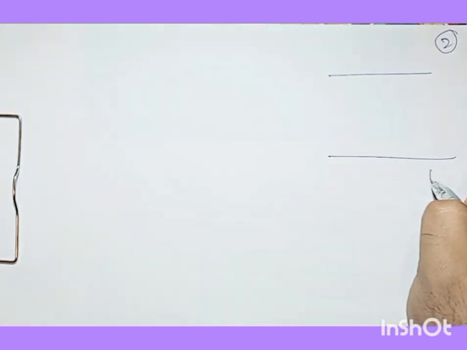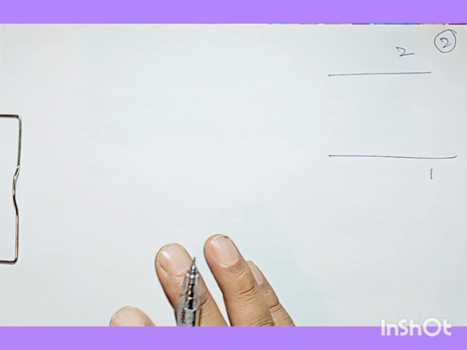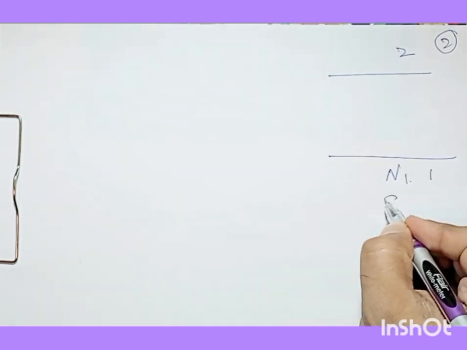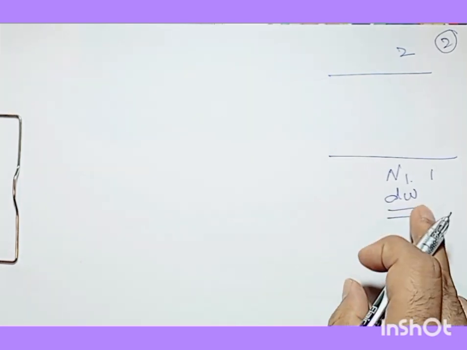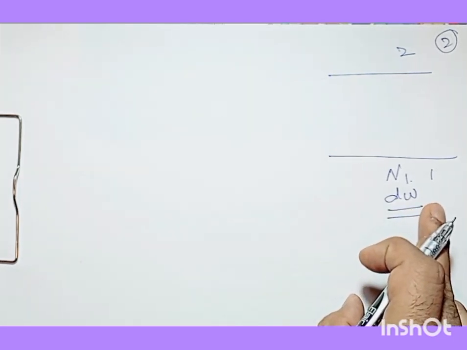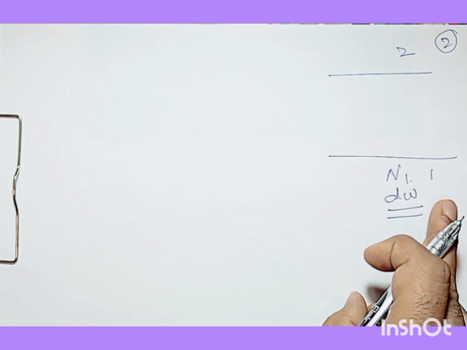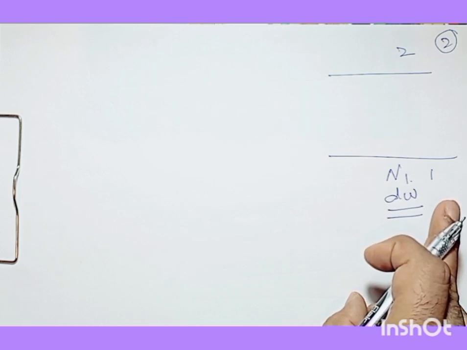Now, the rate of absorption and the corresponding transitions from state 1 to state 2 is obviously proportional to n1, as well as this d omega, this energy density that I was talking about. So this n1 as well as d omega will be proportional to the absorption per unit time.